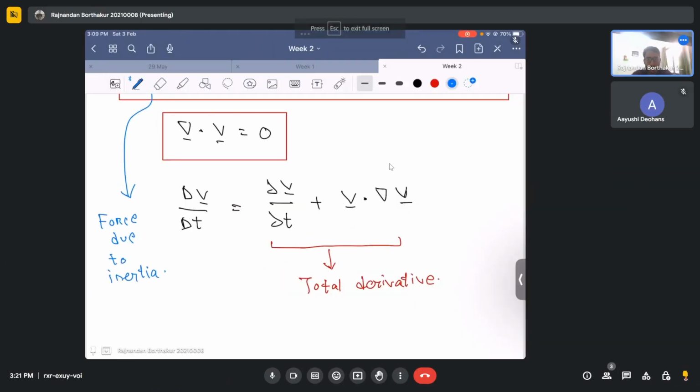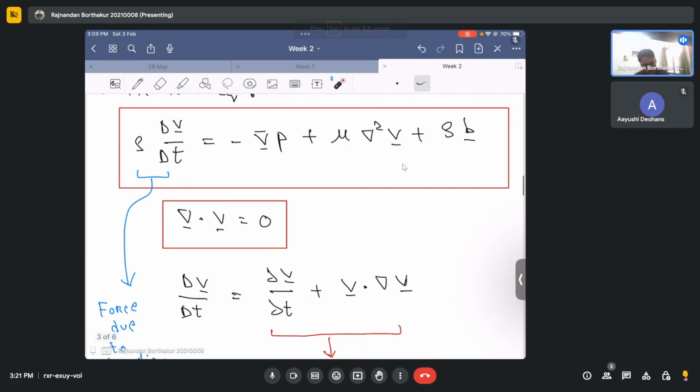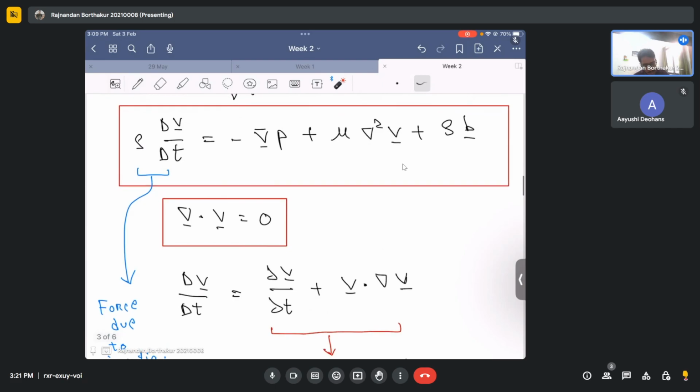Yeah, so this term denotes the force due to inertia, as I was saying, the term rho times the material derivative of the velocity. Can you tell me what this next term actually signifies? So this is nothing but the gradient of the pressure field. As you can see, this signifies the force due to the pressure field.